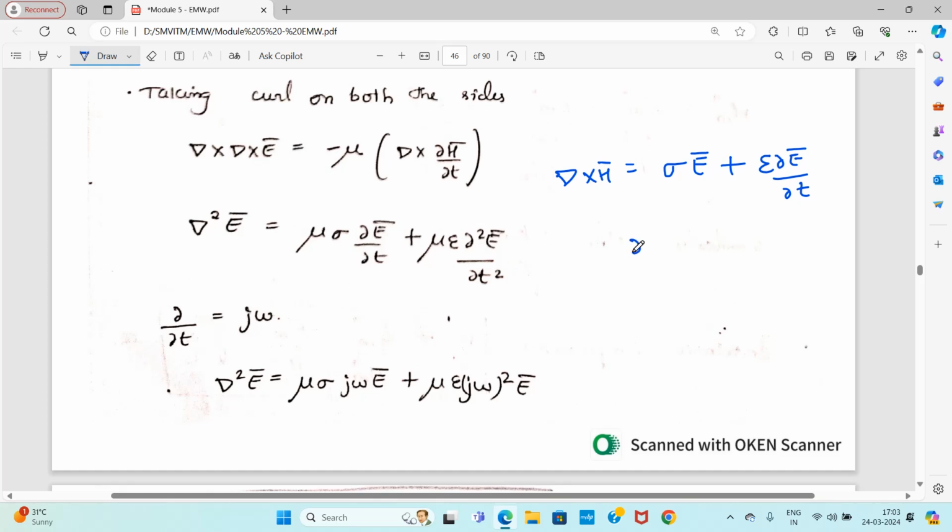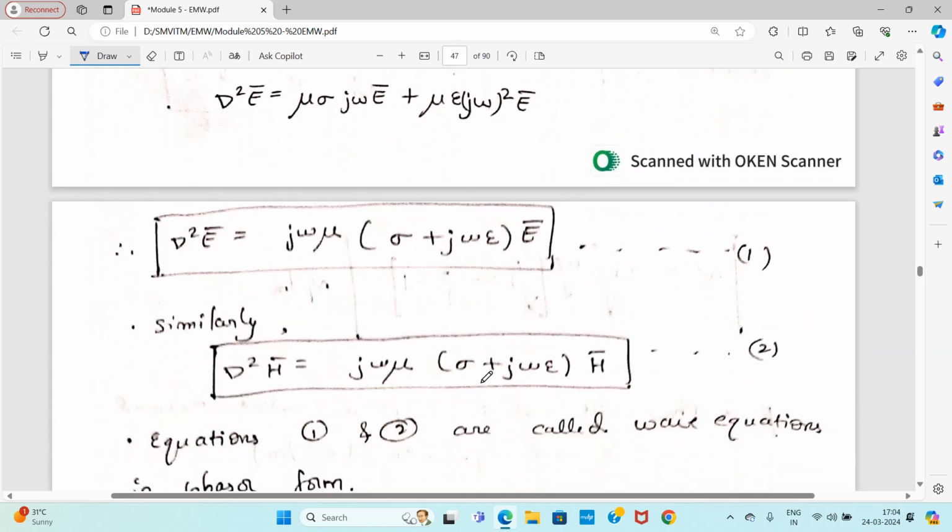In place of ∂/∂t, they are substituting jω, and this is the equation you get. If I just take jωμ common from both the terms, this is the equation you're going to get. This is called the phasor form of the wave equation. If you write in terms of jω, it is called the phasor form of wave equation.